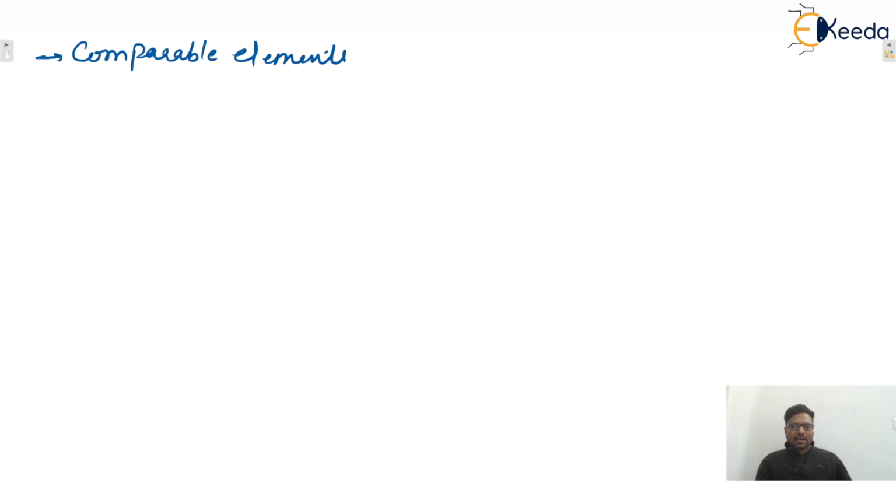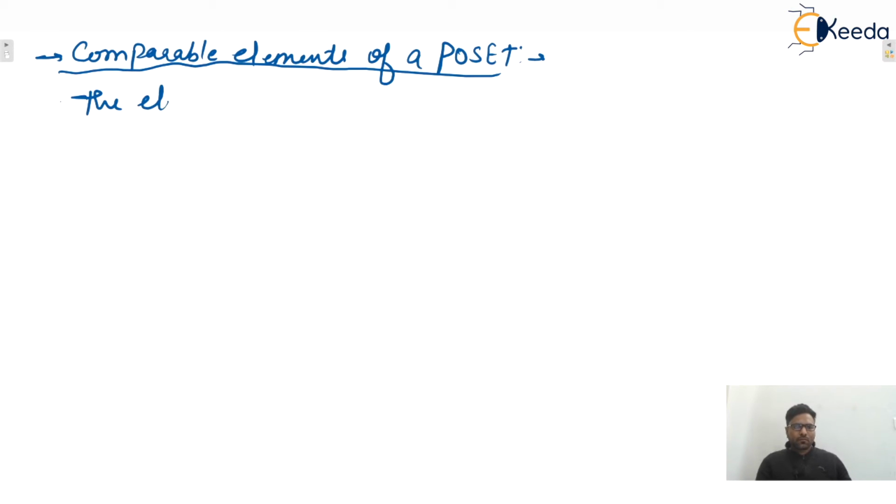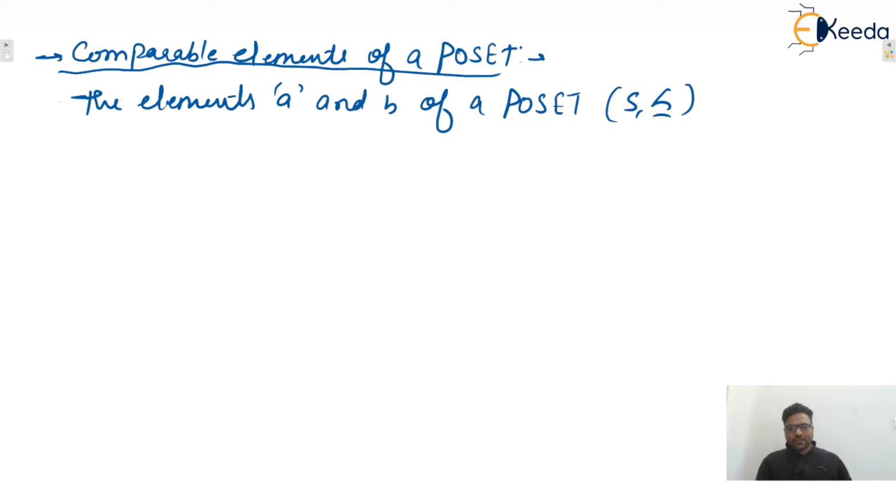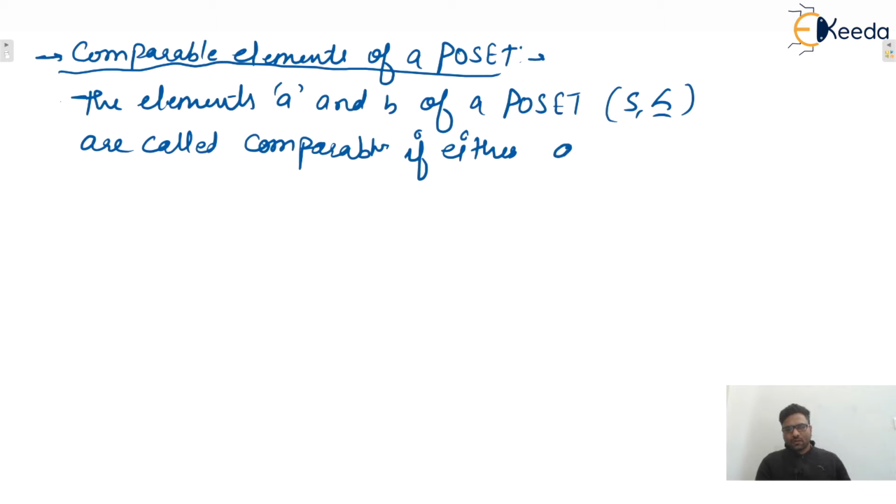Comparable elements of a poset. The elements A and B of a poset are called comparable if either A is related to B or B is related to A, otherwise called incomparable.